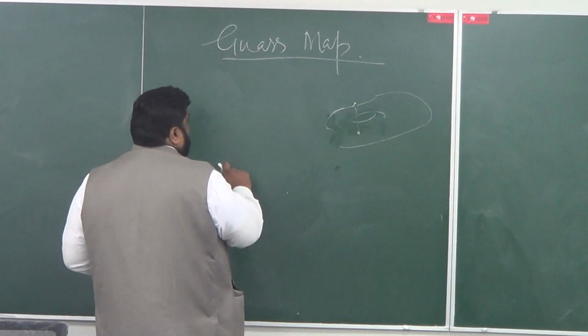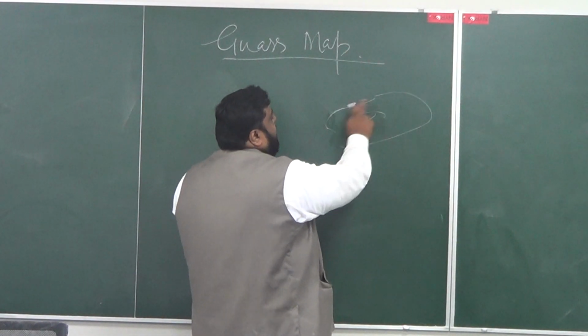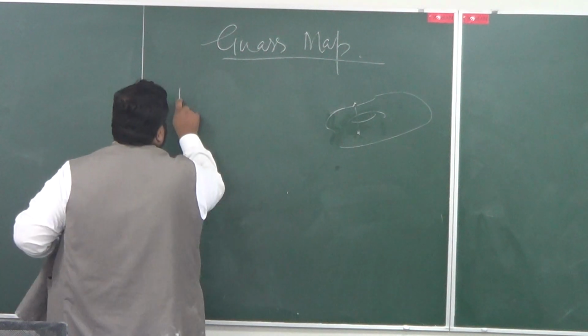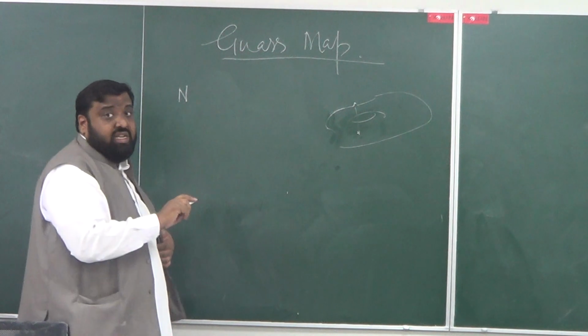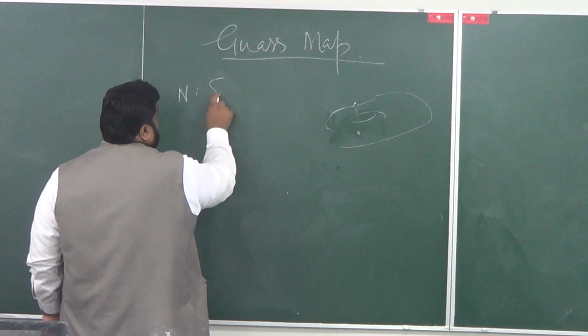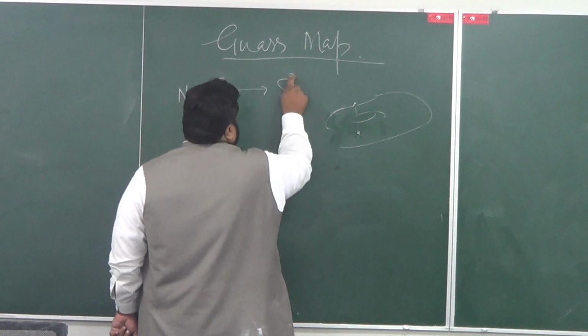And what is the Rodrigues map? Since you can assign a normal vector to the entire surface, I can treat this normal vector as a map from this surface or manifold into S2.